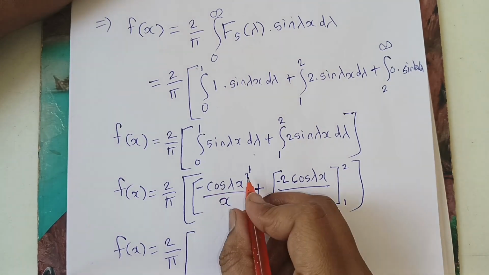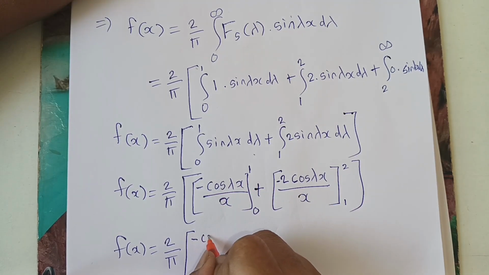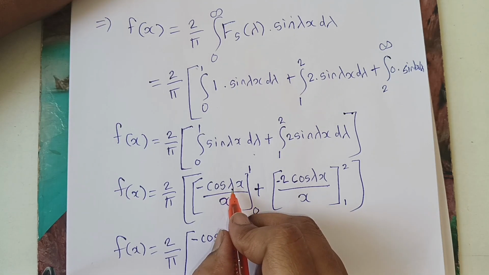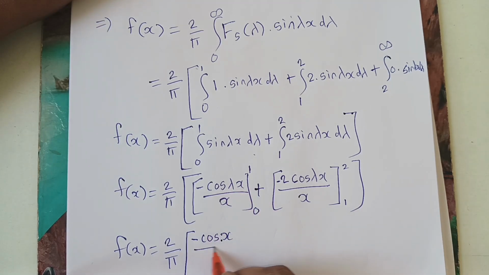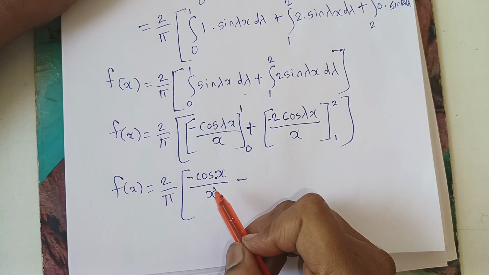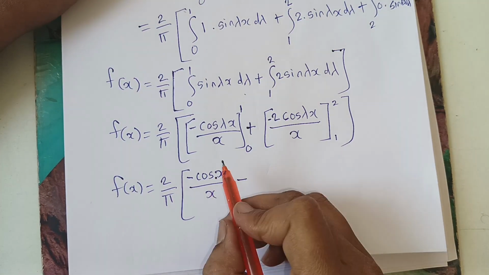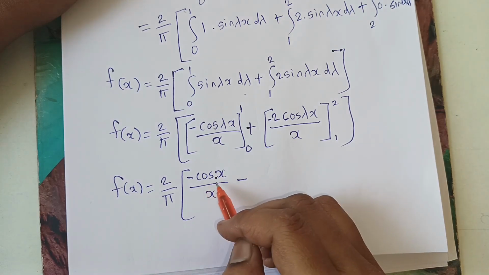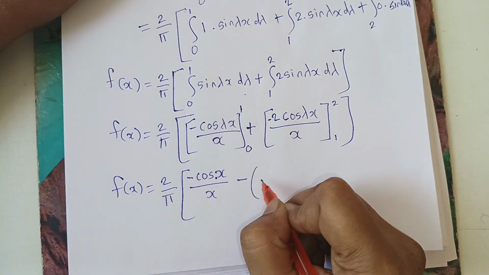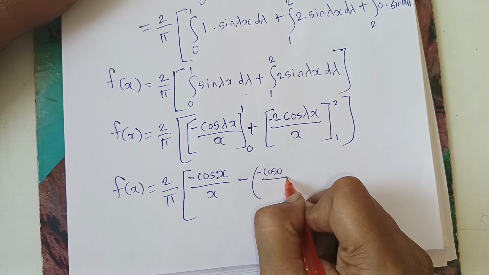Upper limit is 1, so minus cos x by x, minus cos of 0 by x.